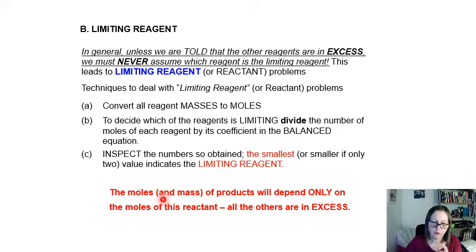Now be careful. This is only to determine the limiting reagent. We will always use the number of moles of this limiting reagent to calculate the other quantities. And the moles and mass of products that are formed in those reactions will only depend on the number of moles of the limiting reactant. All others are in excess.